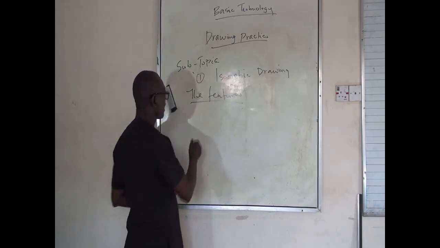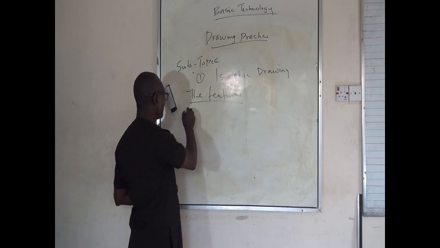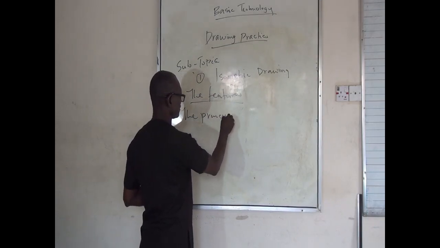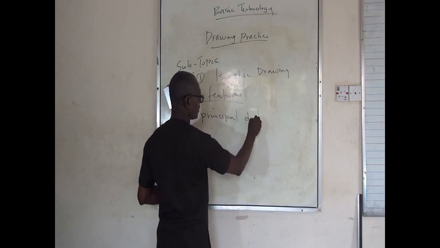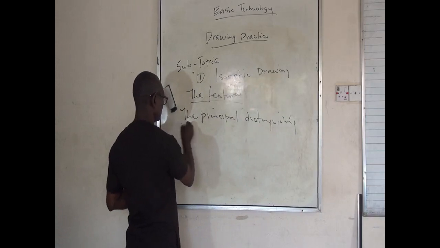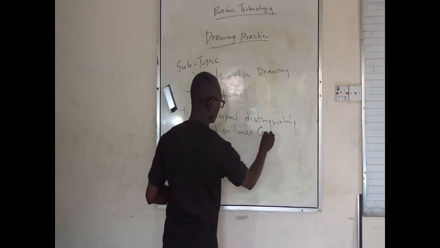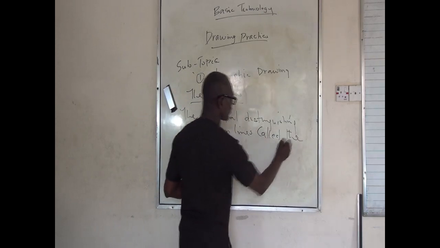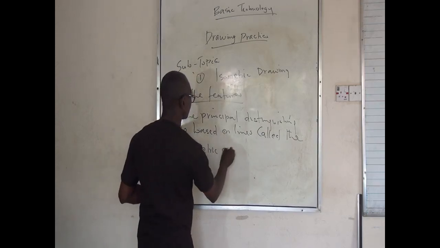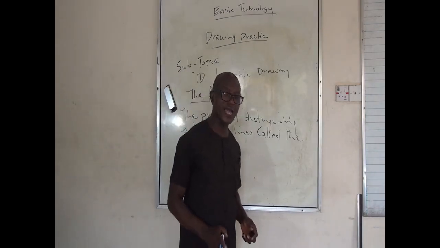The distinguishing feature of this drawing is based on a line called the isometric axis.